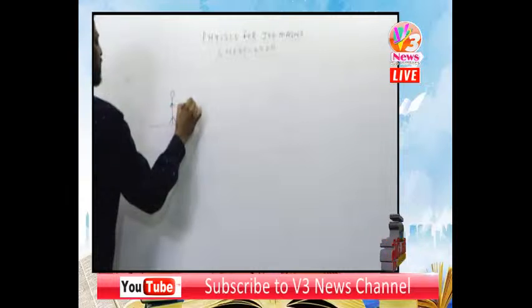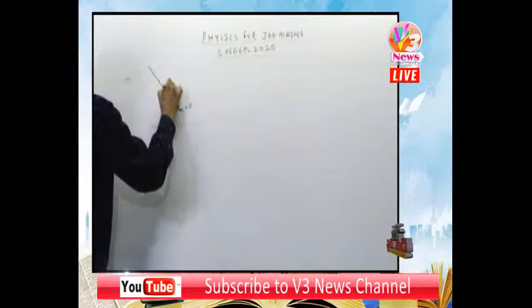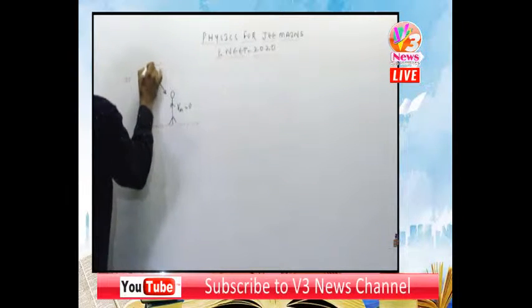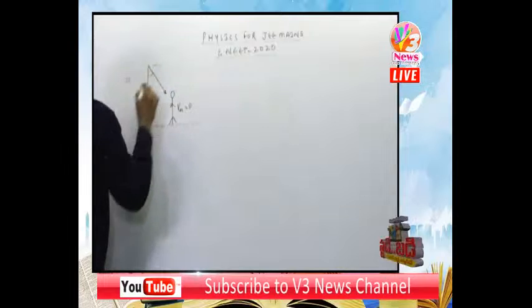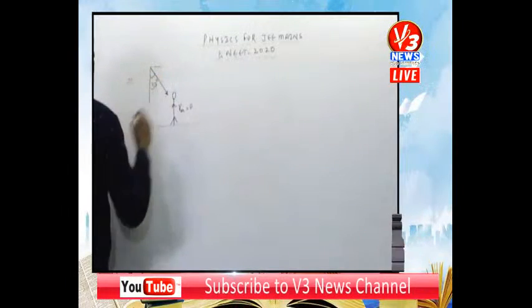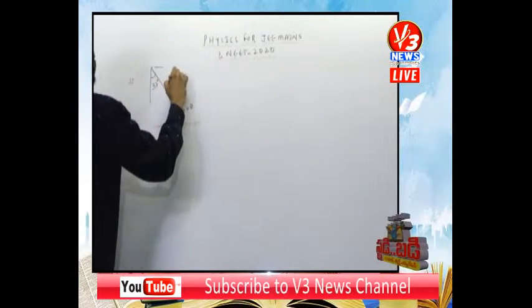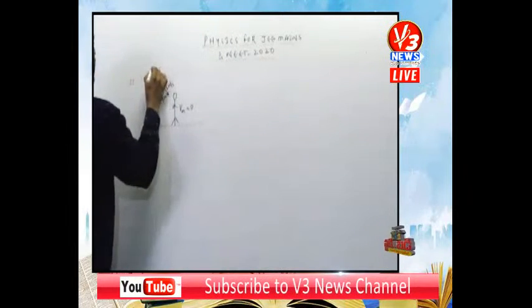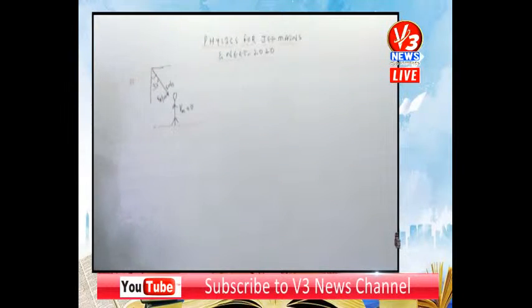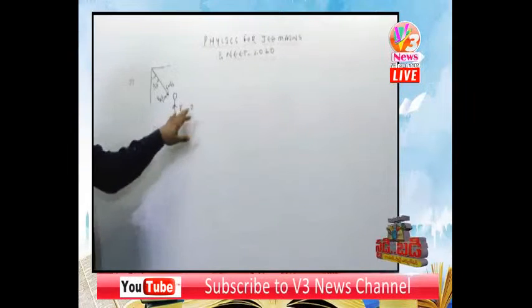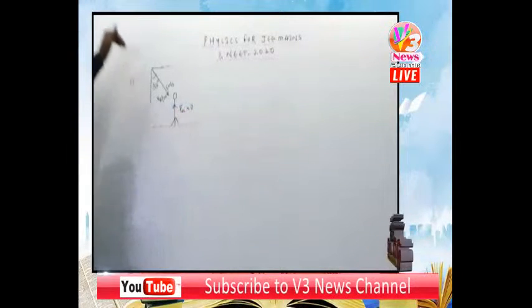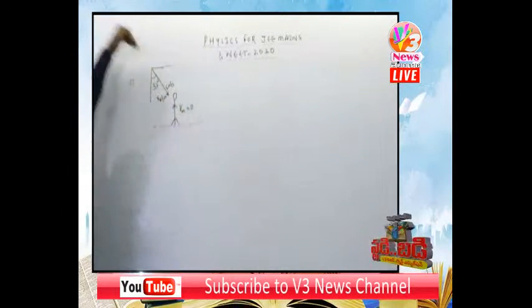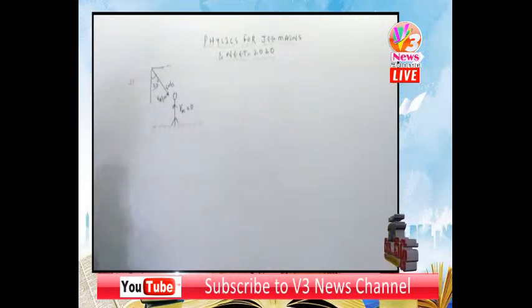Velocity of man is equal to 0. Rain is falling in this direction, making an angle of 37 degrees with the vertical. Velocity of rain with respect to man is 5 meter per second. When the man is at rest, the rain appears to hit him at an angle of 37 degrees with the vertical.